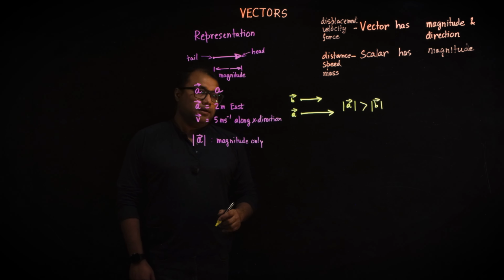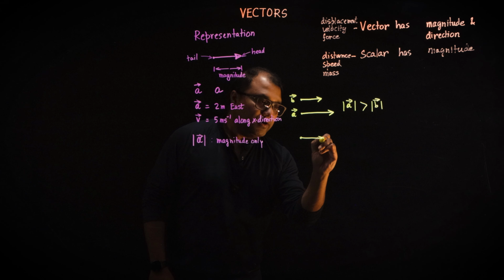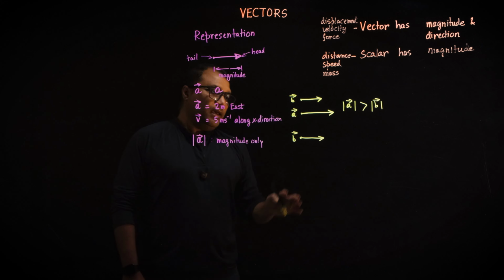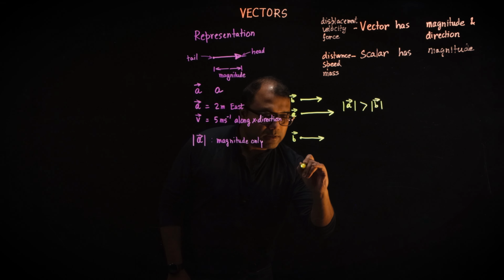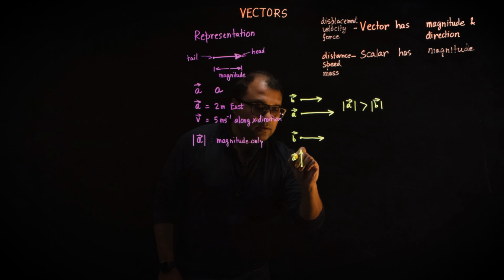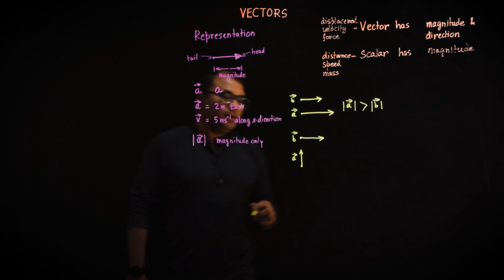Now let's look at another example. Let's say I have one vector B like this, and the same length, but another vector A. It's the same length, but its direction is different.